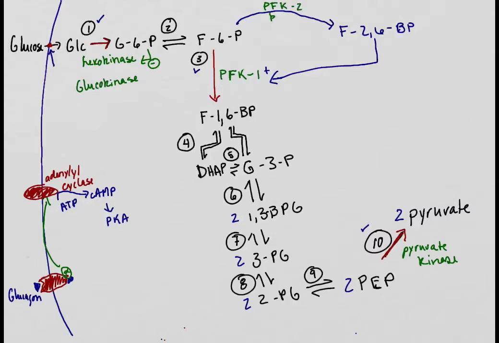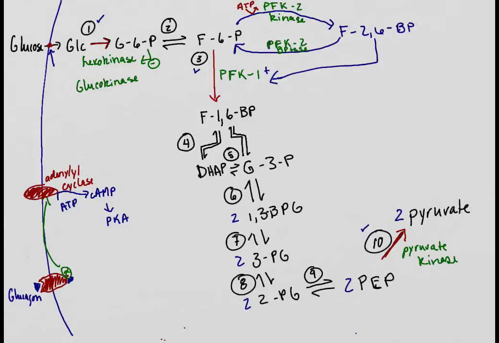So we'll say PFK2 kinase transfers a phosphoryl group from ATP onto, I assume an ADP there, onto fructose 6-phosphate to form fructose 2,6-bisphosphate. There's also a phosphatase activity of PFK2 that can take that backwards. So we also have, let's write this in green, PFK2, the bisphosphatase, abbreviating.